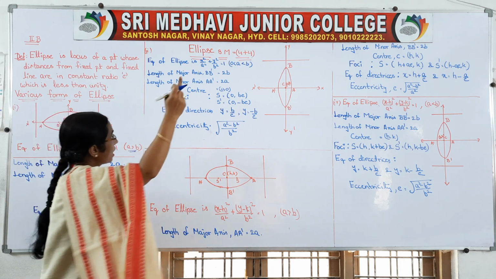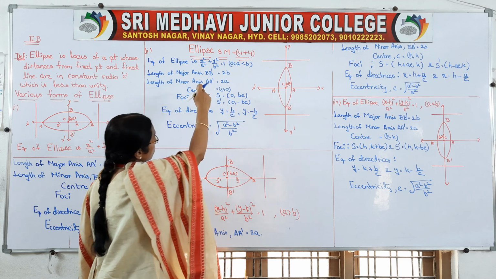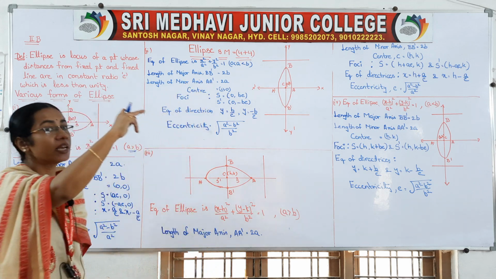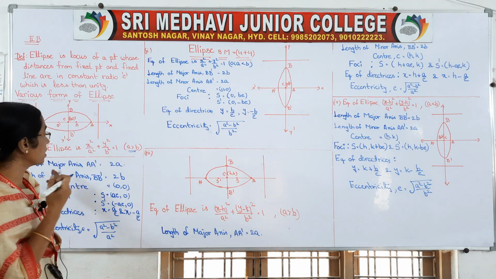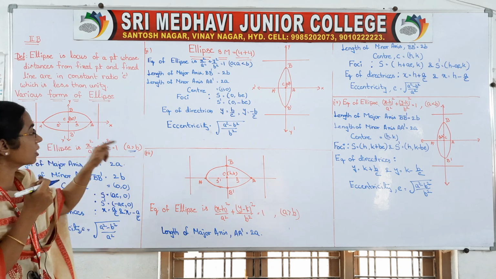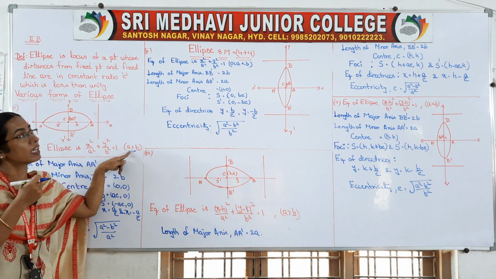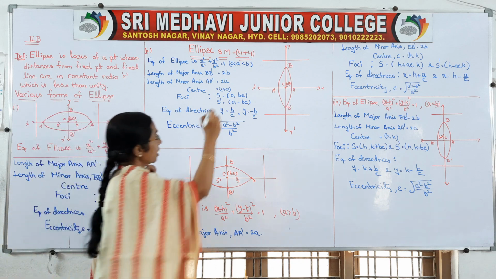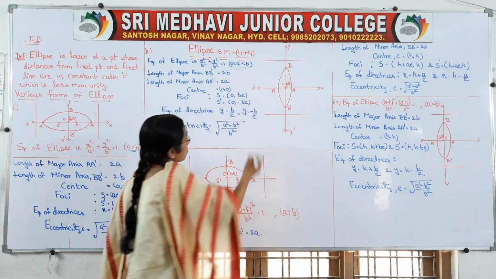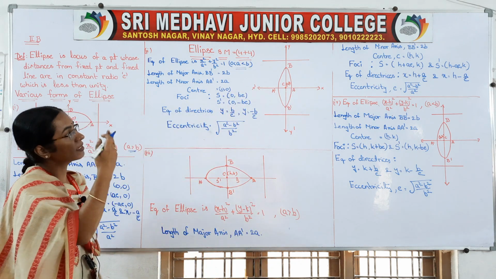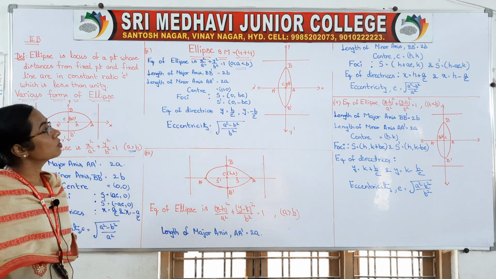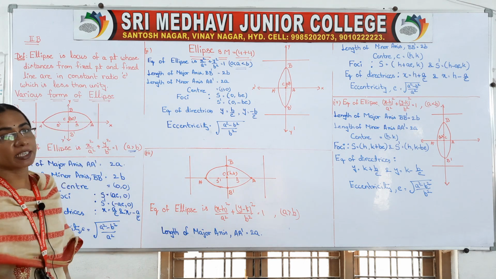The equation of the ellipse is x square by a square plus y square by b square is equal to 1. Here you can ask what is the difference between this equation and the earlier one. There a is greater than b, here a is less than b. a is positive, greater than 0 and less than b. So that belongs to the second case.